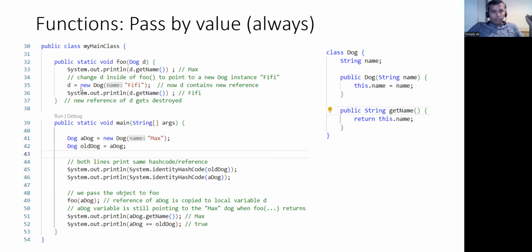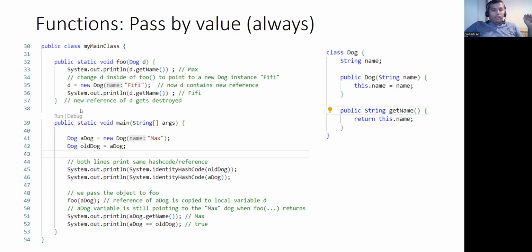If you say inside this foo function that this reference d points to some new dog instance, obviously this is correct. It will print this Fifi, the new dog's name. But that reference d, since it was copied, will be destroyed once the scope gets out of this function foo.